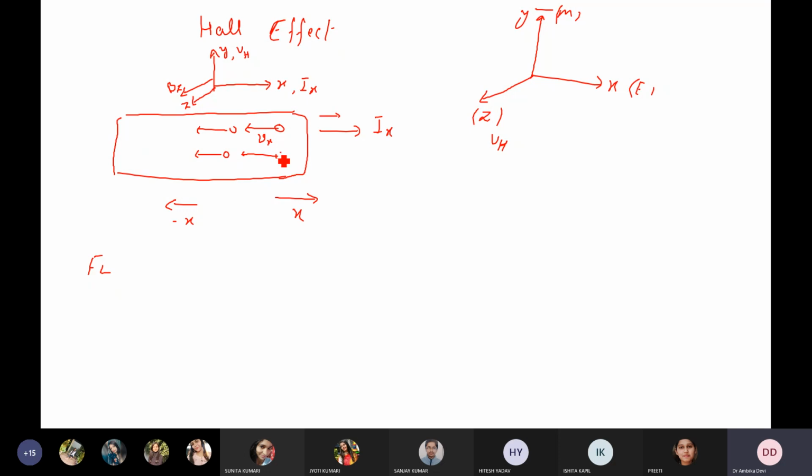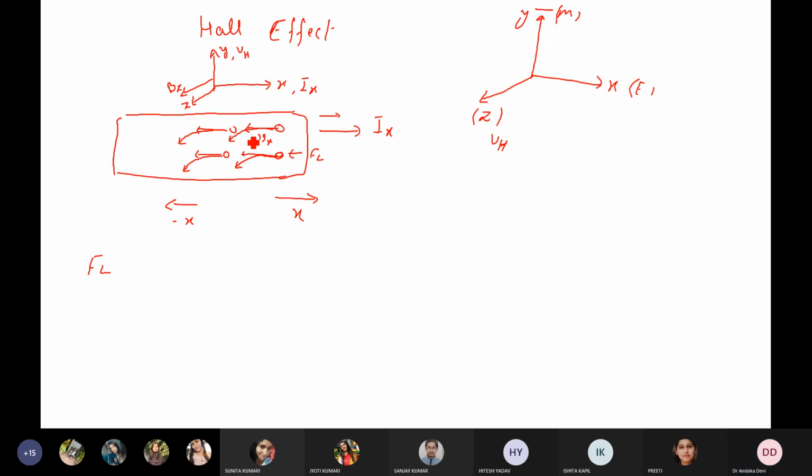So these electrons will experience a force FL, which is the Lorentz force. The Lorentz force is the combination of the electric field as well as the magnetic field, you know that, right? So as a result, these electrons will experience a force, and they will move downwards.